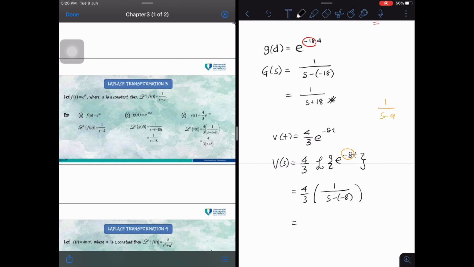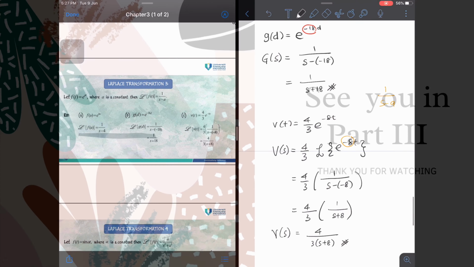When you expand the fraction, what you will have is 4 over 3 times 1 over s plus 8. So you will have your final answer as 4 over 3 times 1 over s plus 8, and this is V(s), the Laplace transformation of your exponential function. So this is the third function.